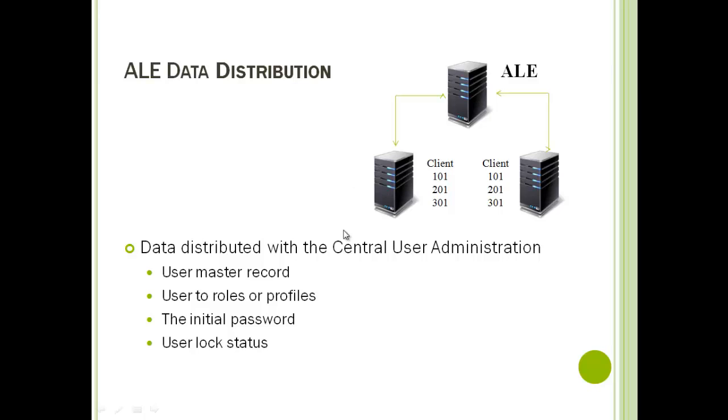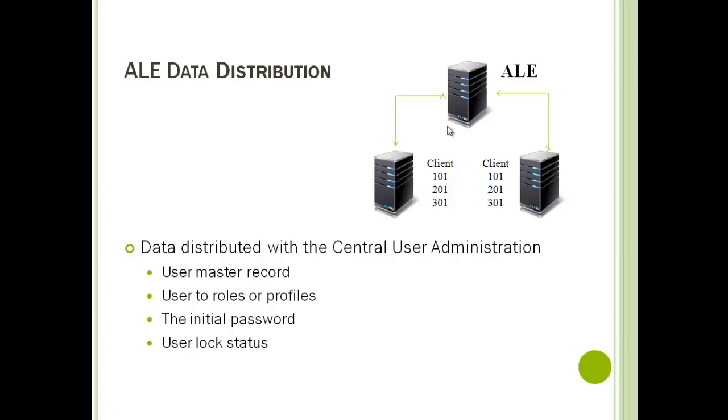Having said that, I need to make one more point very clear. The user assignment of roles is what you can do centrally. That does not mean that roles and authorization data can be centrally managed. No, the authorization data or user profile, that means the role modification, everything that we need to transport to the systems using the transport request or whatever means we select, will not be transferred using the CUA.